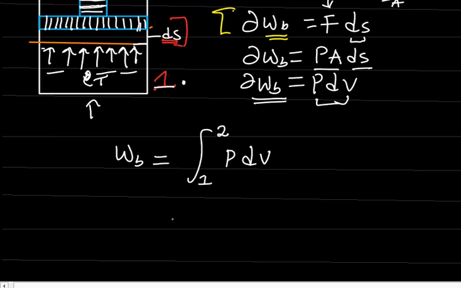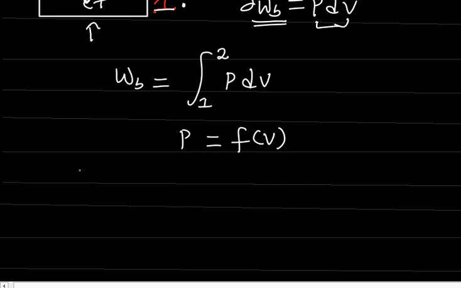Now the question is, how do we integrate pressure with respect to volume? The only way we can integrate pressure with respect to volume is basically to express pressure as a function of volume. For this to work, pressure is always a function of volume.